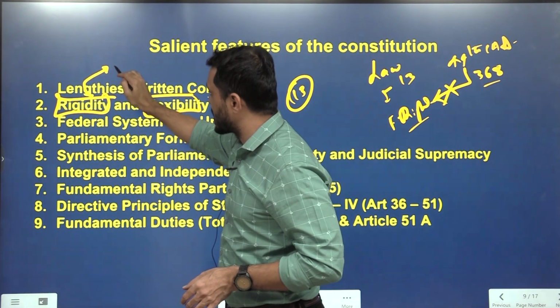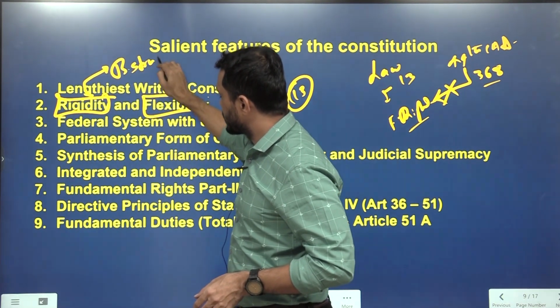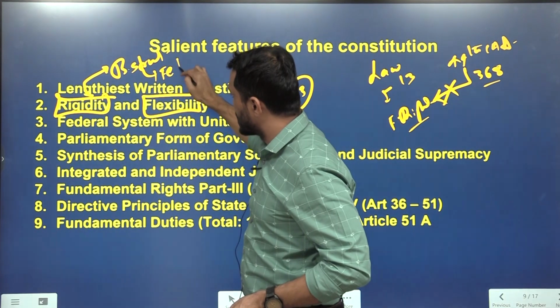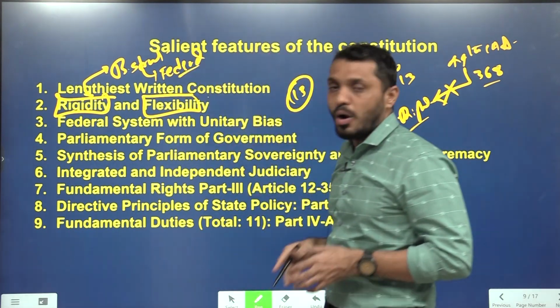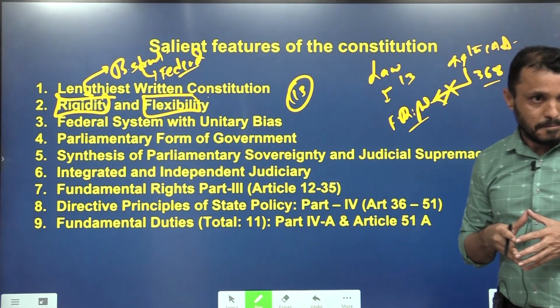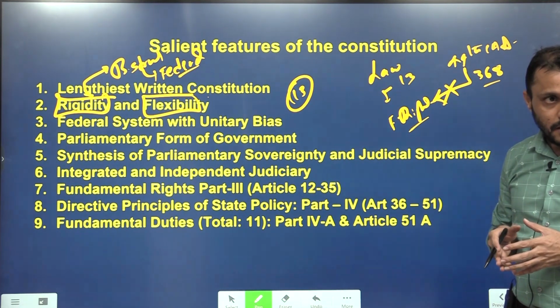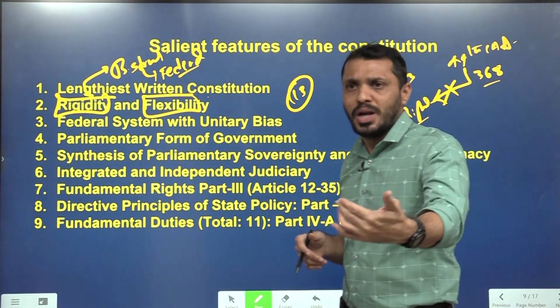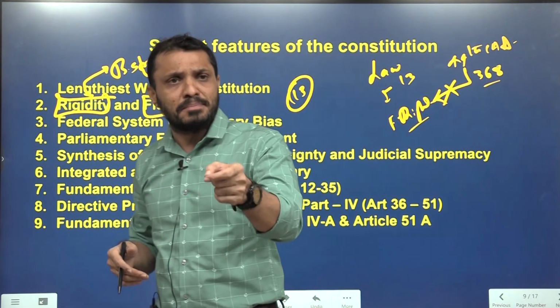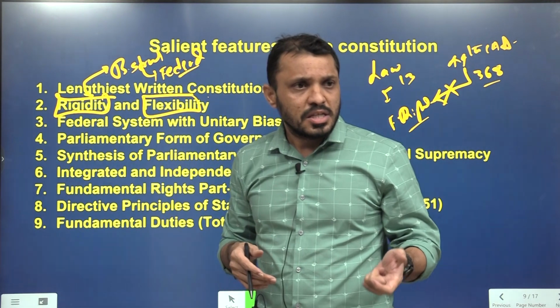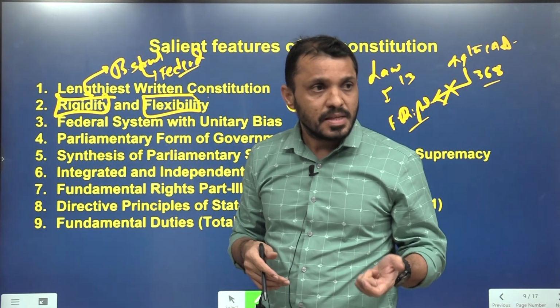Rigid features come as part of the basic structure, and all the federal features also come under the rigid features, because they require 50% of the states' approval. When a bill goes for states' approval, the state assembly has to pass it with what type of majority, special or simple? Simple majority.